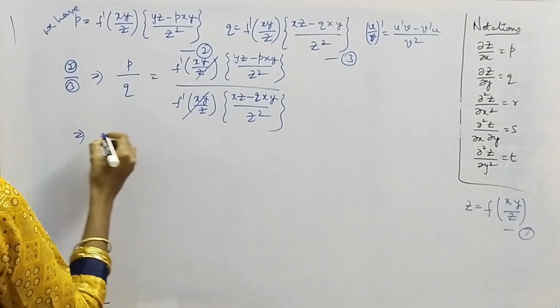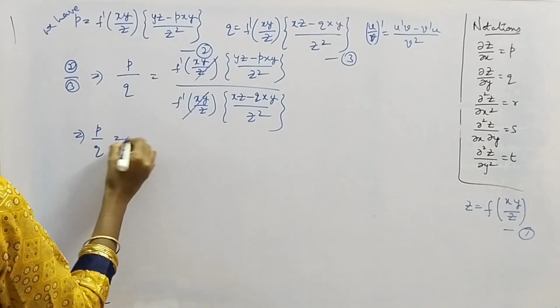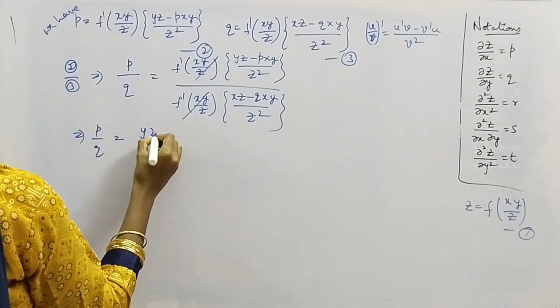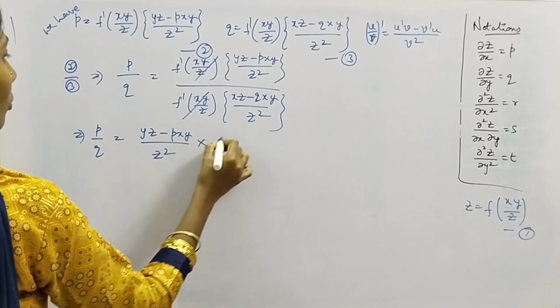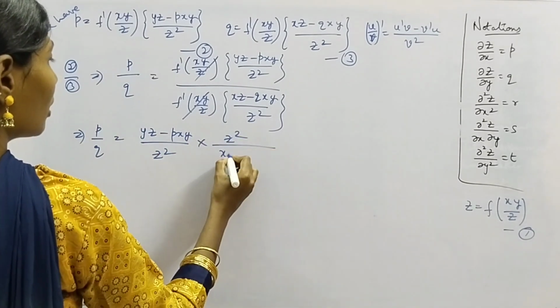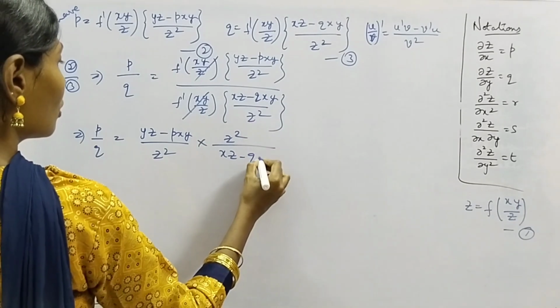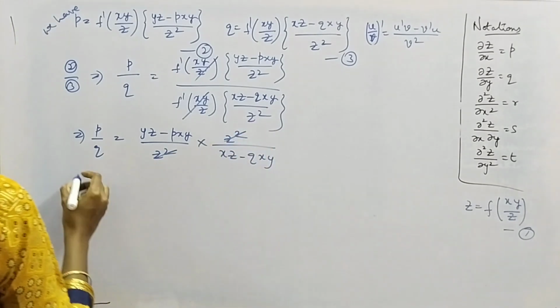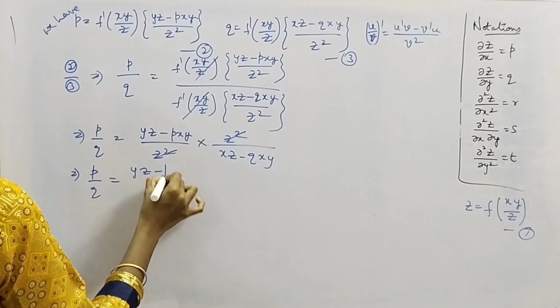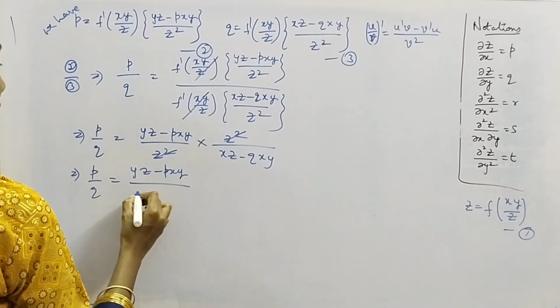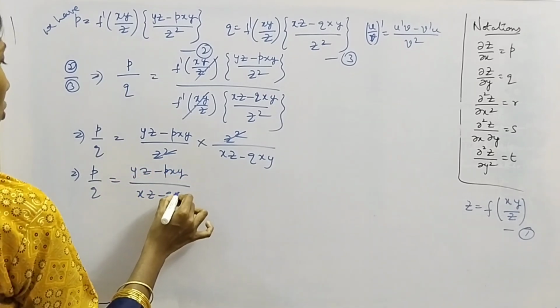You can write it as p by q equal to yz minus pxy by z square into z square by xz minus qxy, where z square gets cancelled, and you'll get p by q equal to yz minus pxy by xz minus qxy.